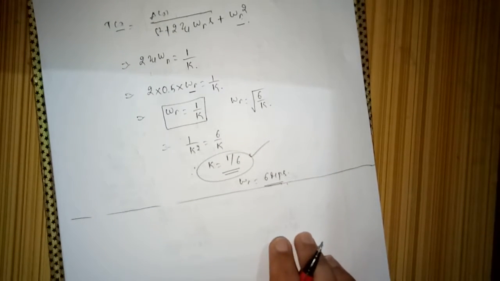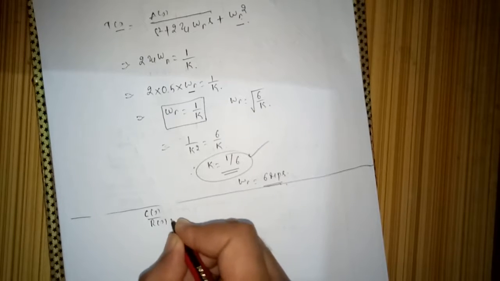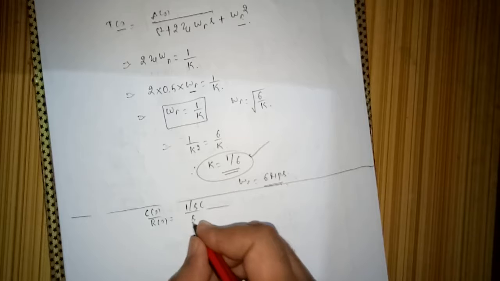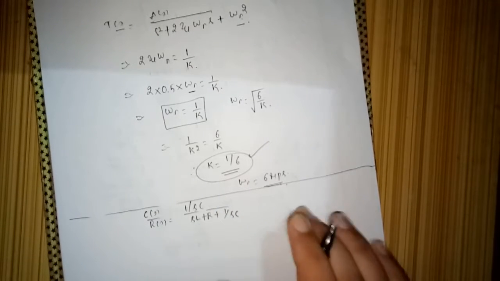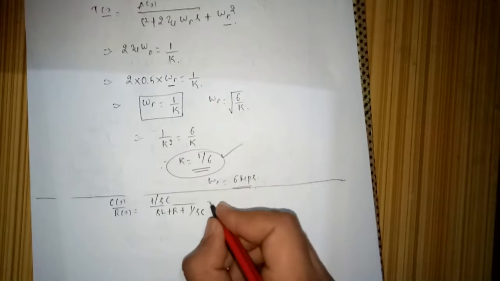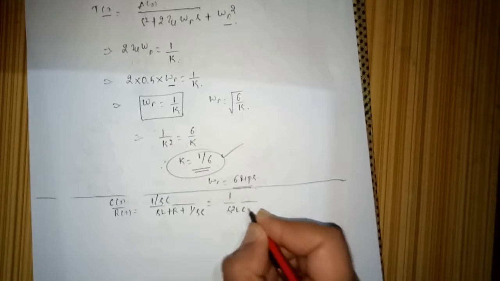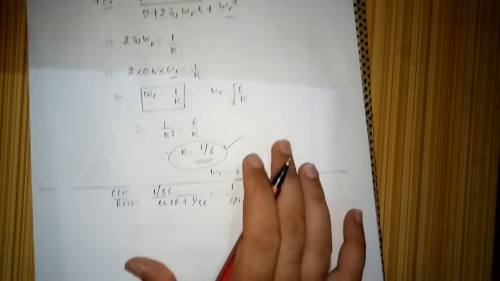Now let me take C(s) by R(s) equal to 1 by sC divided by sL plus R plus 1 by sC, right? So what I can write is 1 upon s square LC plus sCR plus 1, right?